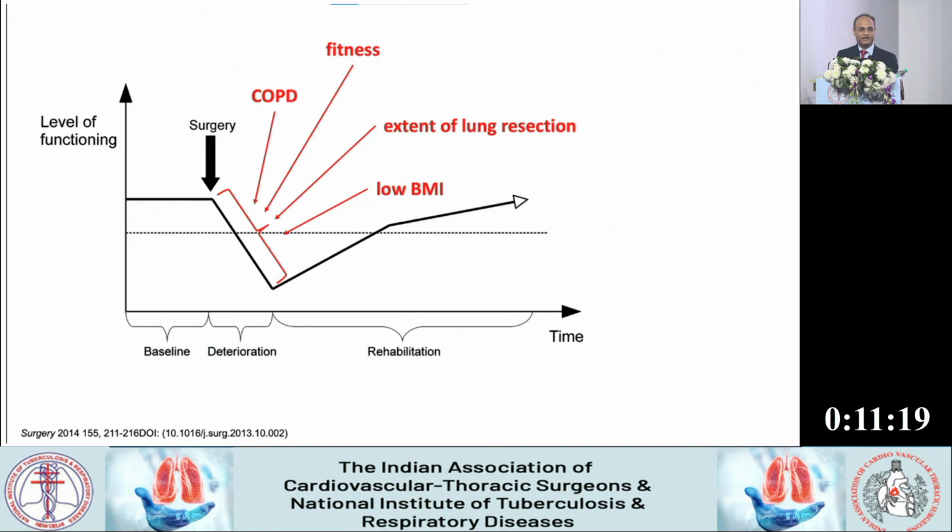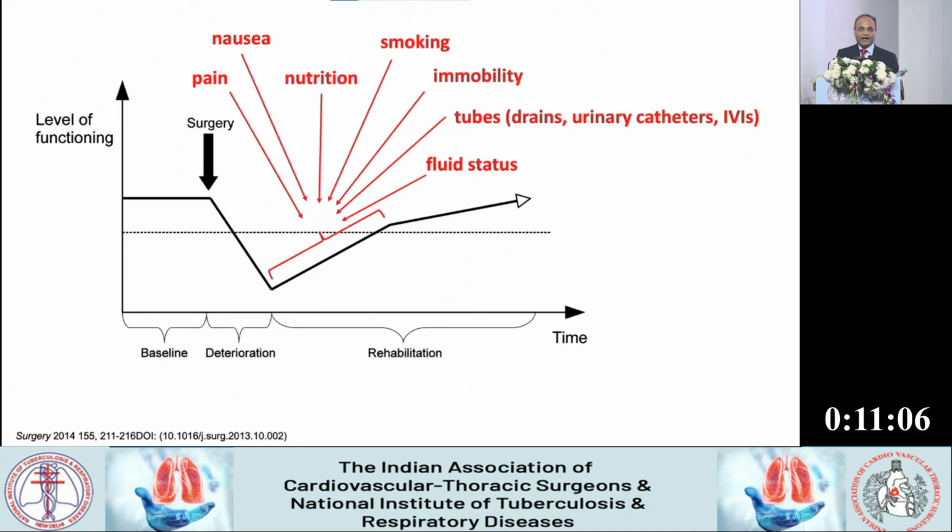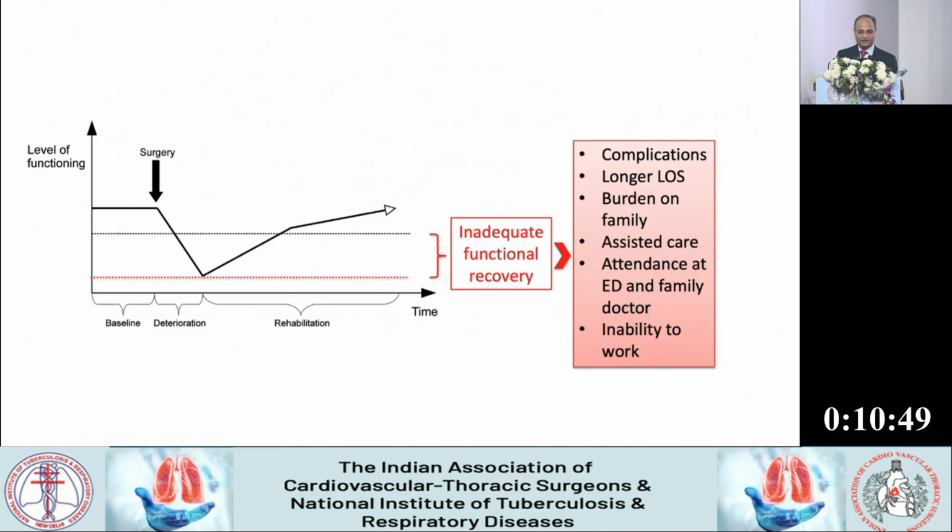But the deterioration is more if the patient has pre-existing COPD, the level of fitness is less, the extent of surgical resection done is greater, and if the patient has extremes of BMI, either extremely low or extremely high. And similarly, the recovery is also influenced by existing factors like pain, nausea, nutrition, smoking status, the patient not being mobilized after surgery, presence of drains like chest drains, urinary catheters, central lines, and the fluid status of the patient.